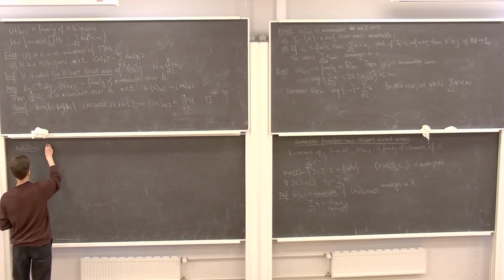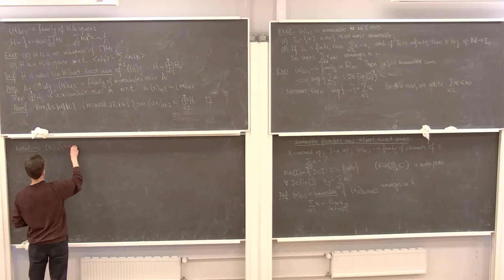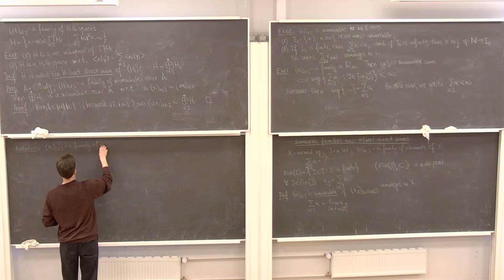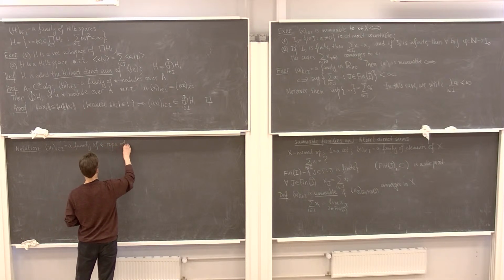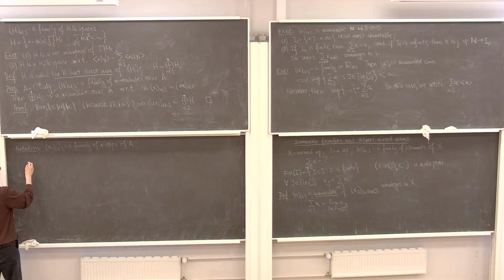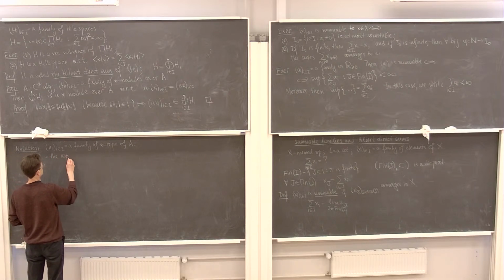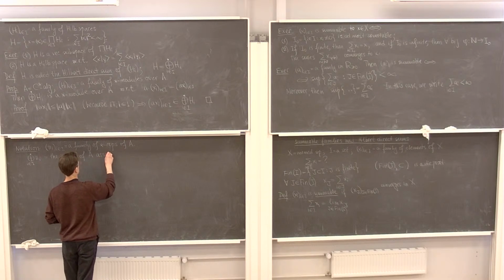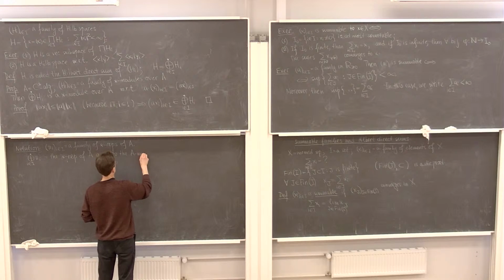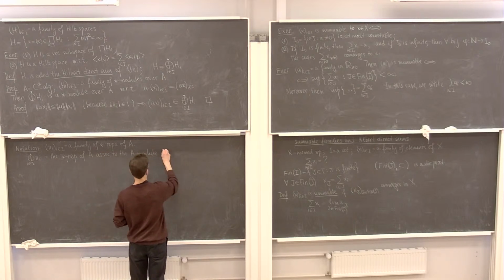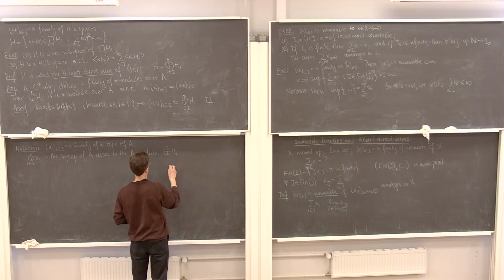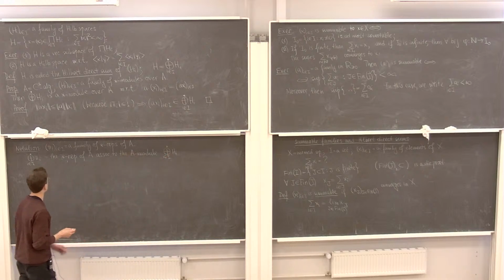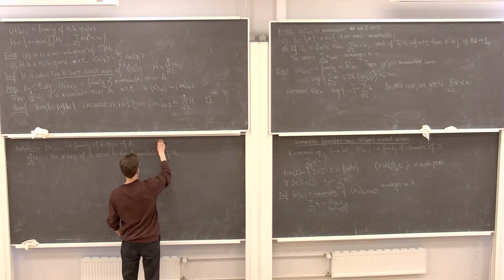If we have a family of star representations pi_i of A, then we denote by the following combination of symbols the star representation of A associated to the respective module, where H_i is just the space where pi_i acts.